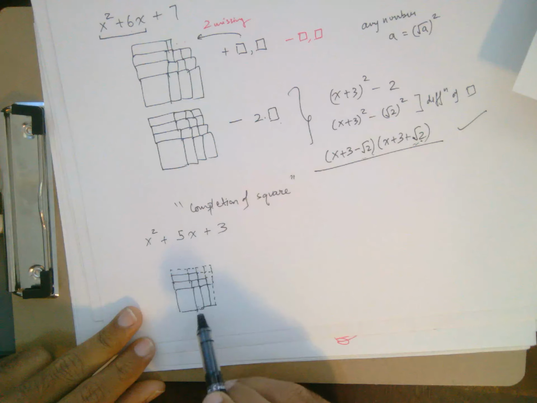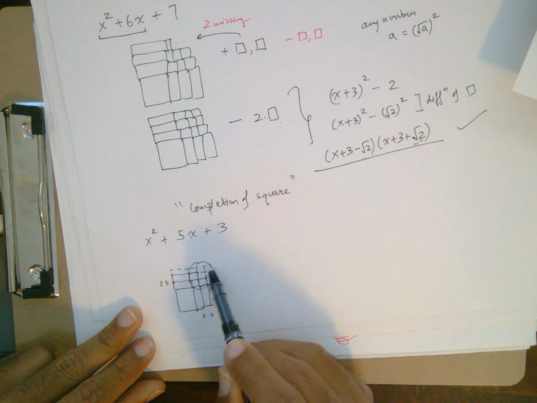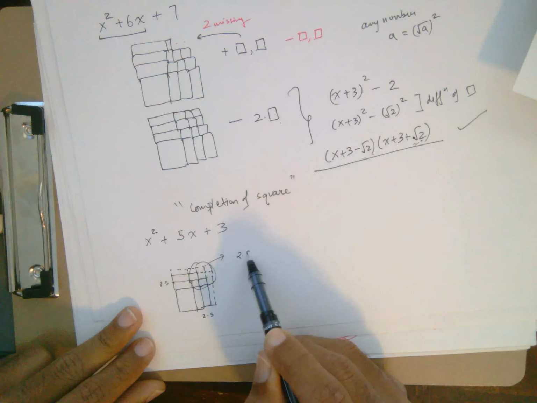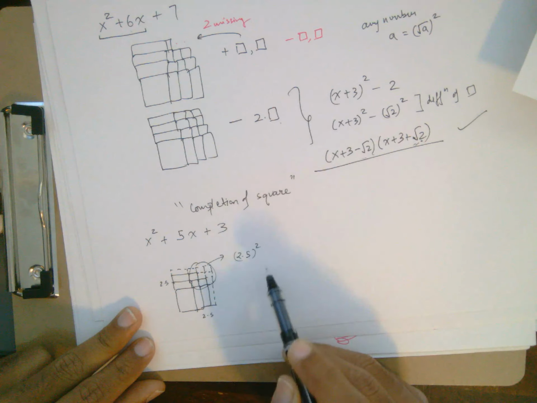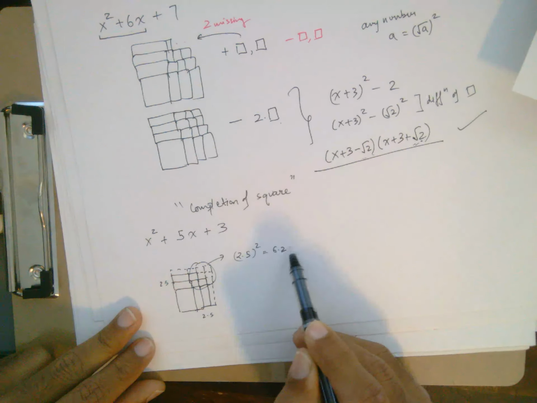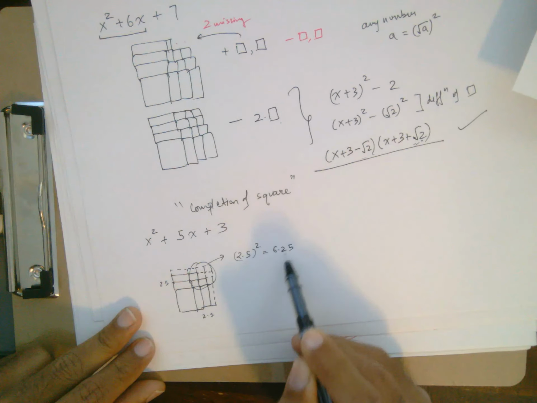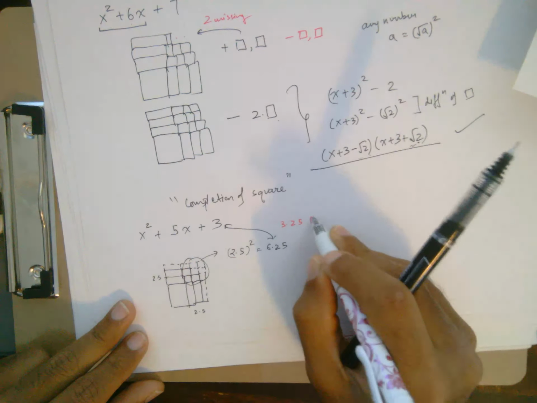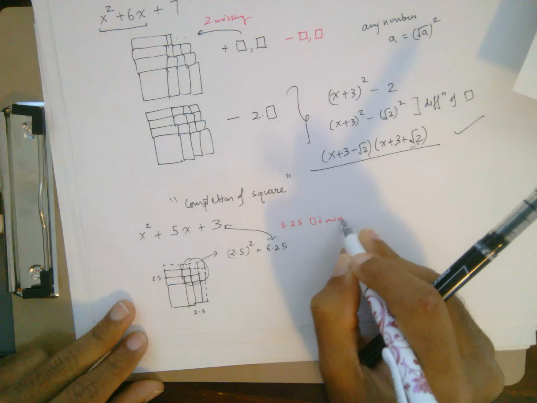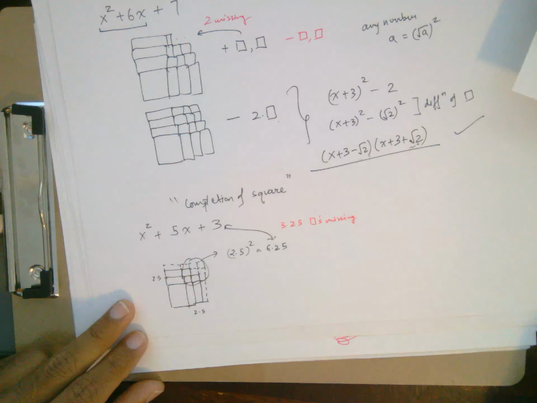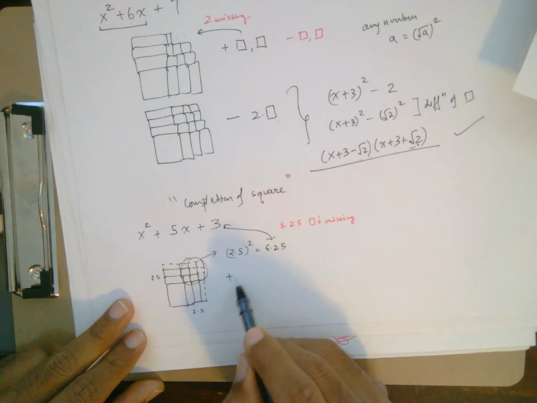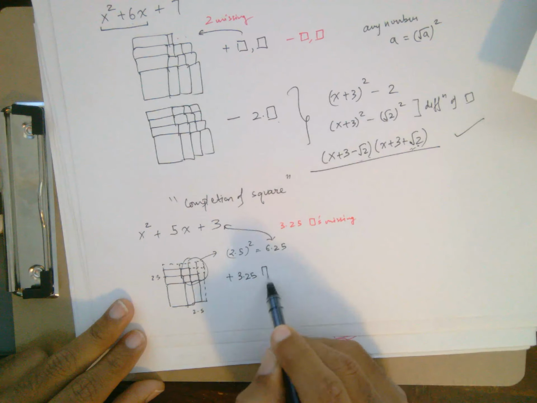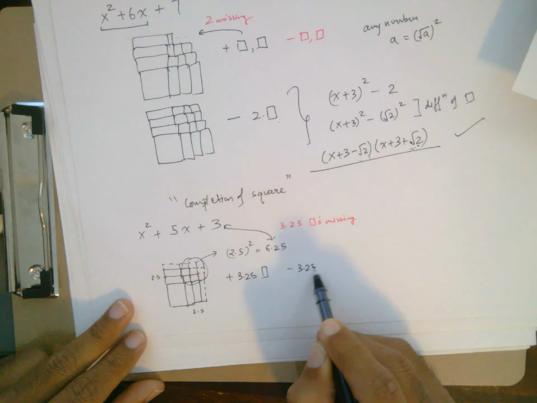Now remember, this is 2.5 and this is 2.5. So however many small squares you need are going to be 2.5 squared, which is 6.25. Comparing that with 3, what you need to add is that there are 3.25 squares missing. Okay, that's all you need. So what you do is you add 3 1/4 of small box and you remove 3 1/4.